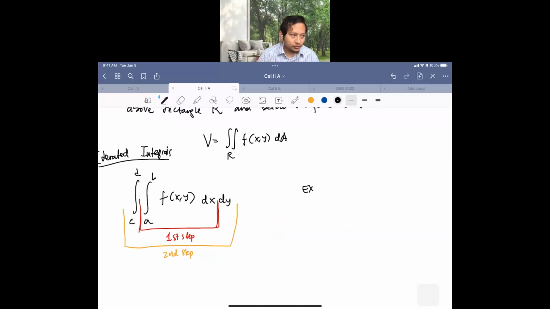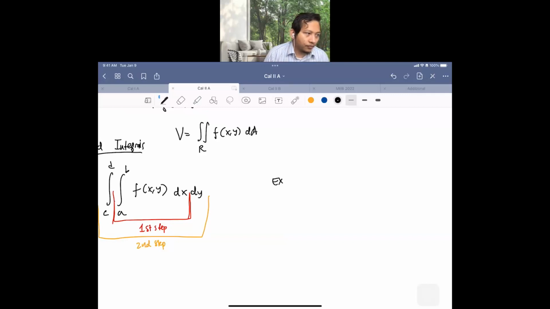For example, let me write x squared y, then dy dx, with limits 1 to 2 and 0 to 3.